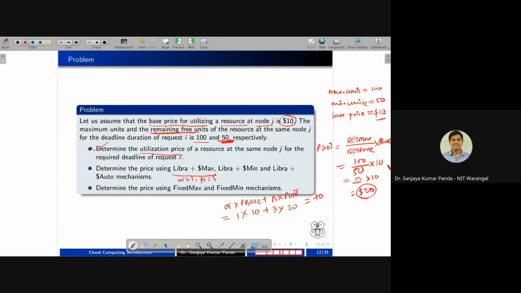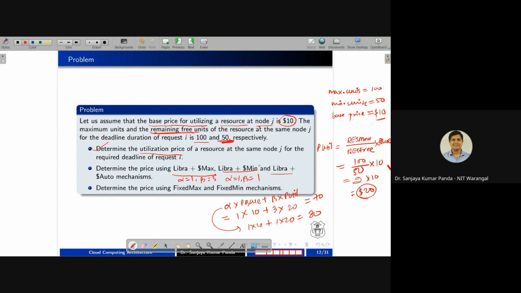Okay, but when you go for Libra plus dollar minimum, alpha is equal to 1 and beta is also equal to 1. So in that case, if you put in this particular formula, it is 1 into 10 plus 1 into 20. So you will get the value 30, right? Similarly, if I give a different value of alpha, you will get a different value.